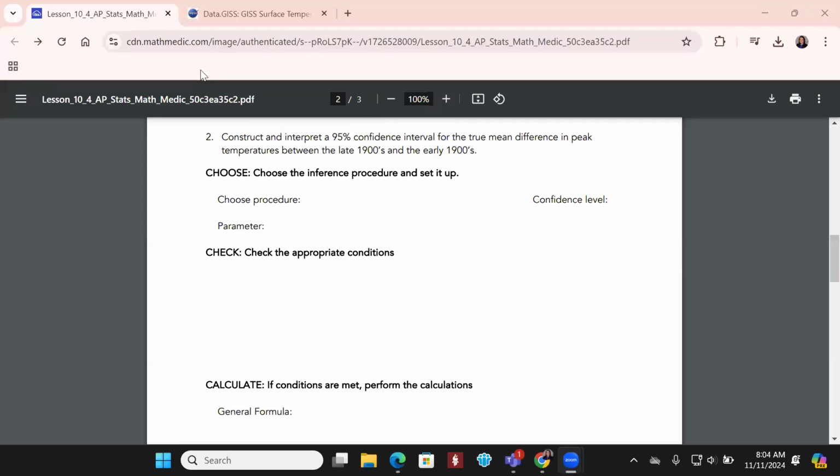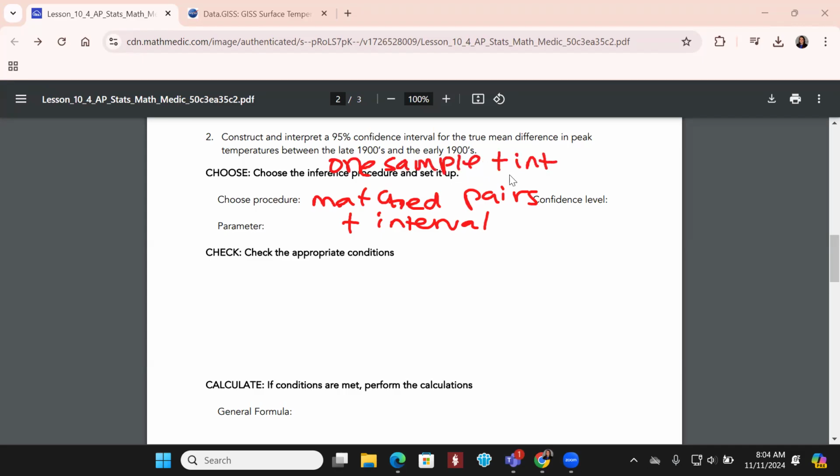It's a lot. Matched pairs t interval. This is also known as a one sample t-test for mu difference. Yeah, but this is what its common name is.